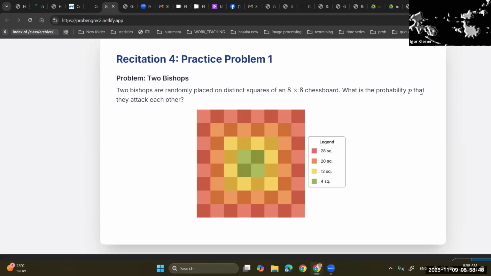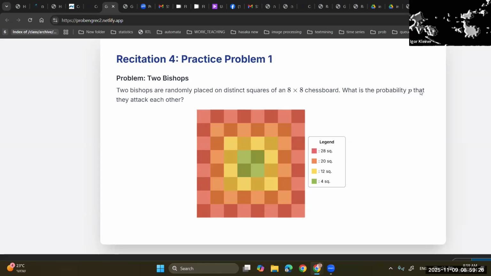Plus probability of A given the first bishop stays on some of these squares, H2, times probability of H2. Plus probability of A given H3 times probability of H3. Plus probability of A given H4 times probability of H4. This is our partition, and we hope it will help us to solve the question.